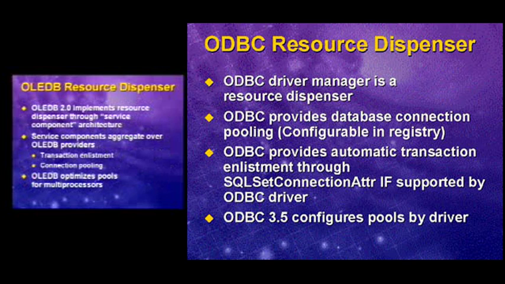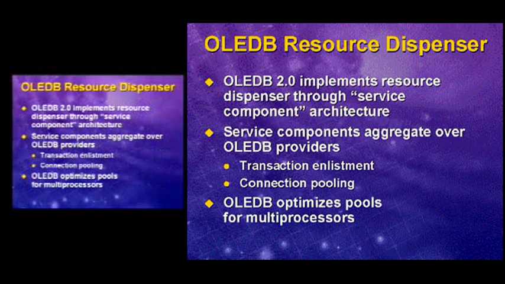Here's the OLEDB resource dispenser. Like I said, 2.0 and above provides a resource dispenser through something called the service component architecture. The idea being that as far as OLEDB 1.5 was concerned, if you wrote an OLEDB provider, that OLEDB provider had to support COM aggregation.